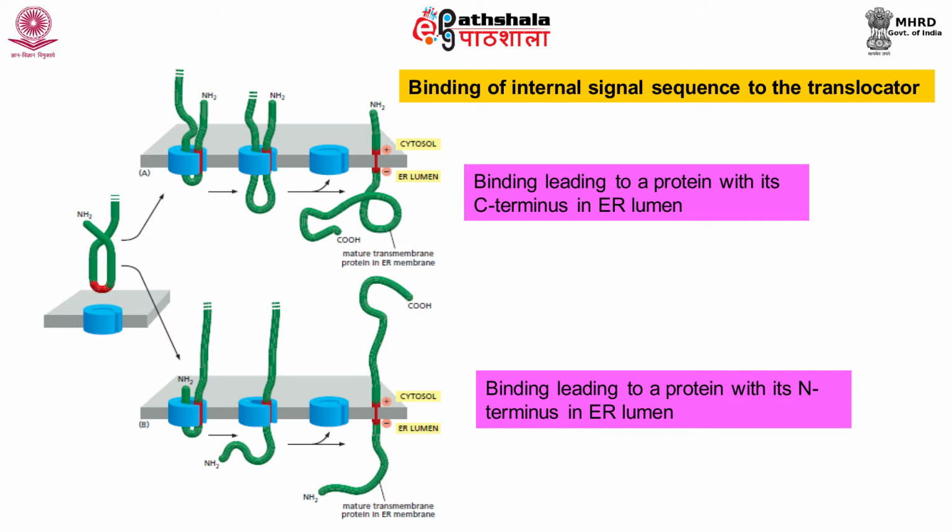If there are more positively charged amino acids immediately preceding the hydrophobic core of the start transfer sequence than there are following it, the membrane protein is inserted with its C terminus, whereas if there are more positively charged amino acids immediately following the hydrophobic core of the start transfer sequence than there are preceding it, the membrane protein is inserted with its N terminus.